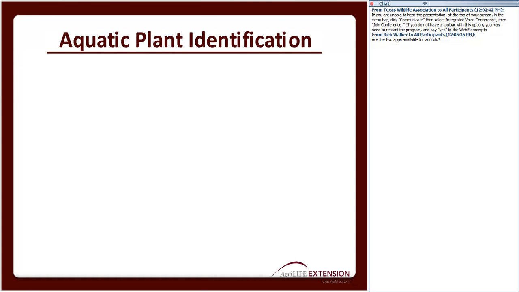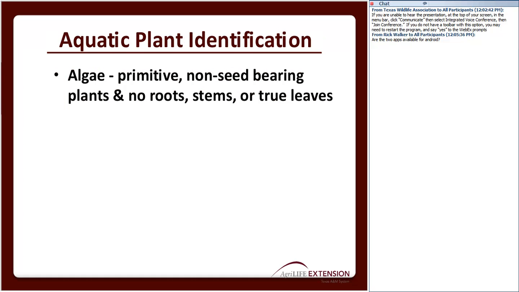So, when it comes to aquatic plant identification, the first group, algae, what you need to remember are they are primitive, non-seed-bearing plants, and they have no roots, stems, or true leaves. Now, some of them, the macroalgae, actually look like vascular vegetation growing in your pond.